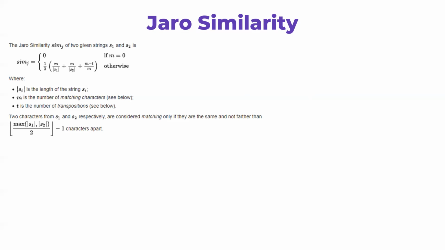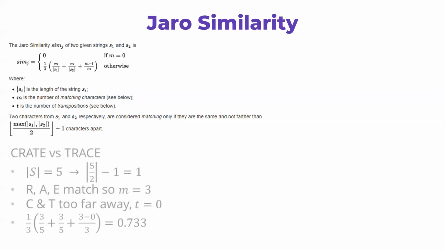Now, those two things are related, and 2 characters from each respective string are considered matching only if they are the same or they're no further away from each other than the maximum length between the 2 strings divided by 2 minus 1 character apart. Now, this is not a math class, so we will not be delving too far into the mathematical proof or solution behind it, but we will be looking at how this calculation works in practice.